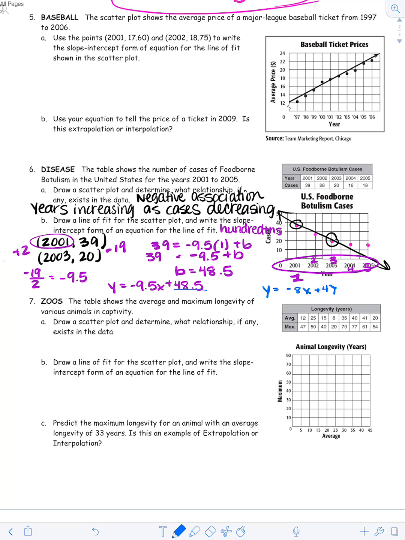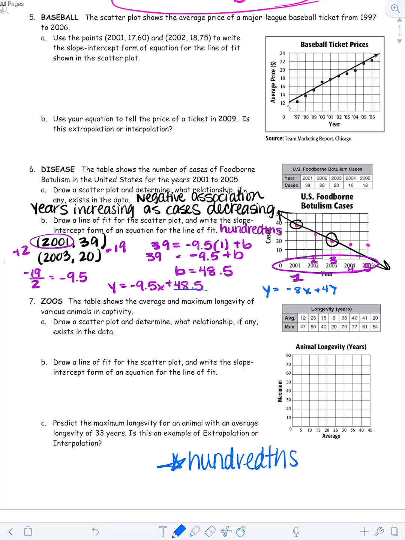Keep this paper. We'll talk about it tomorrow in class, but at this point, you need to pick up the homework on the back shelf. There are some problems where they have the line and the points plotted, but you're going to have to find your equation. So again, anything that needs to be rounded, you can round to the hundredths.